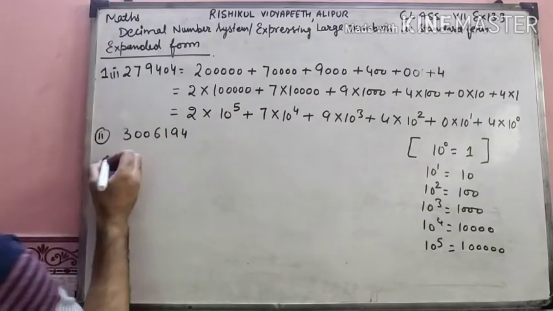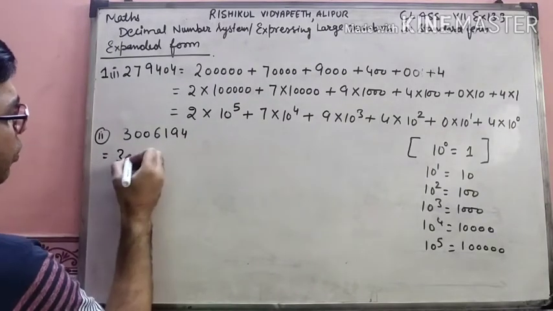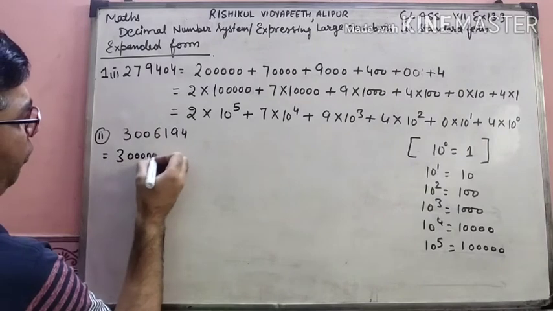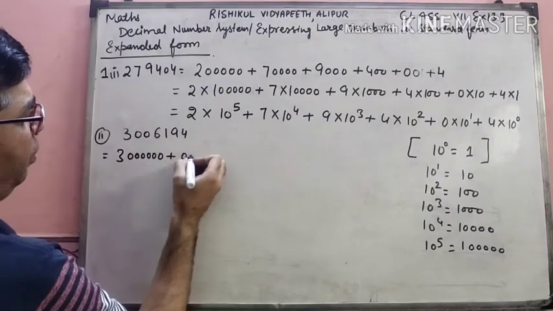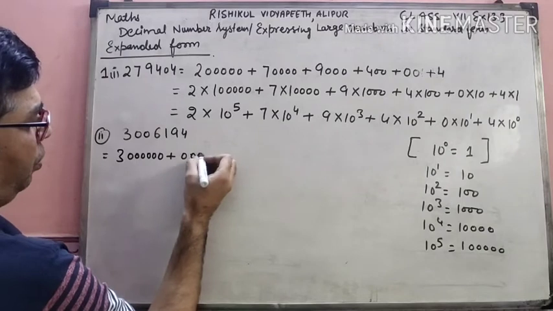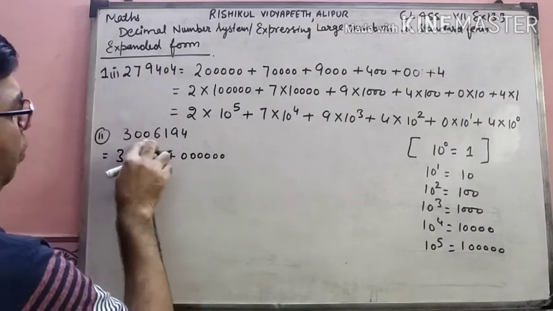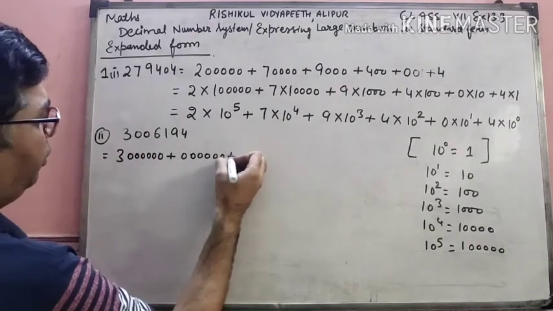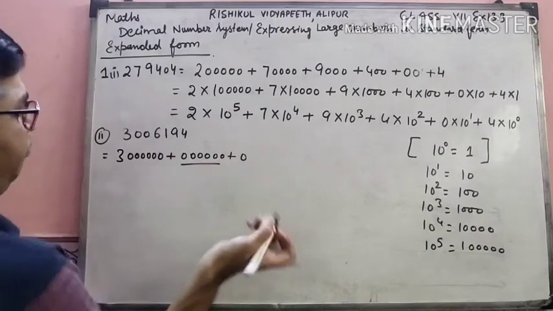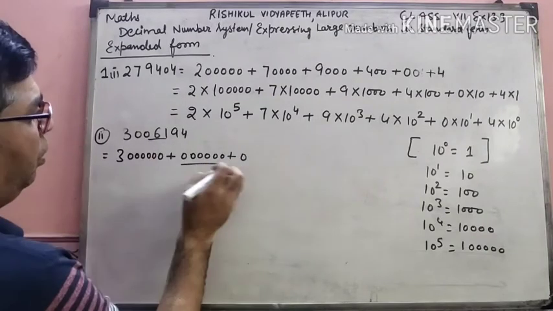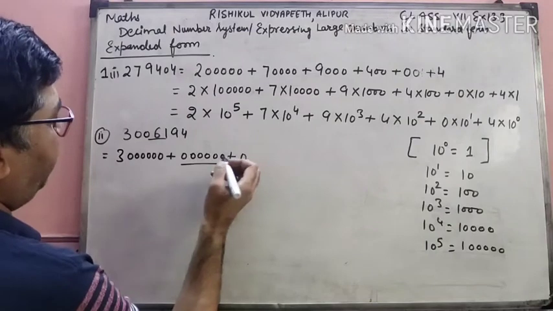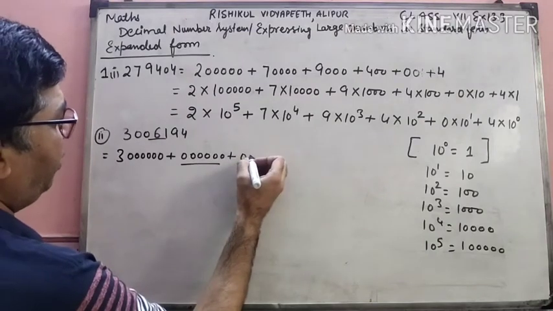Yes, you can write 3 followed by how many zeros? 6 zeros: 1, 2, 3, 4, 5, 6. You can write it this way, and it can be written with how many zeros?